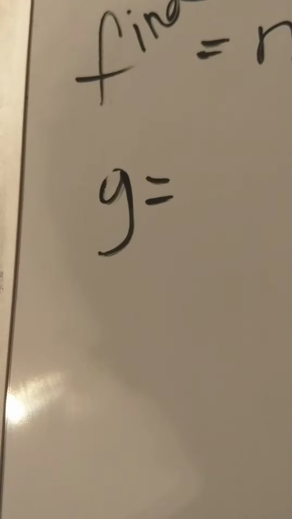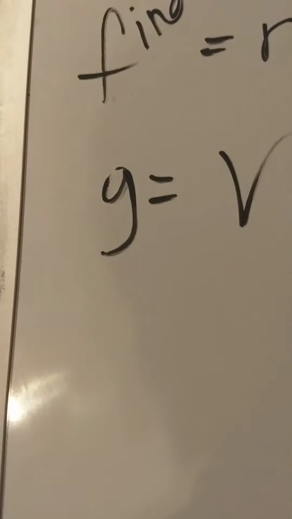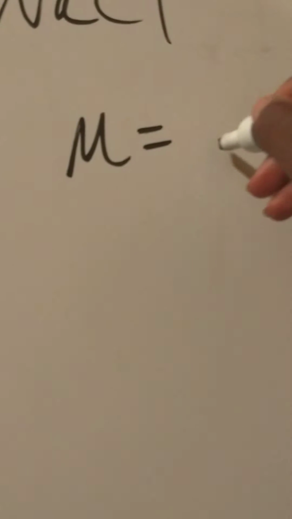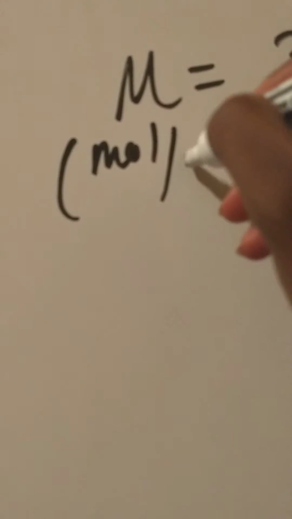What they gave us was a volume of 152 milliliters and a molarity of 0.364. Now remember that molarity is just moles over liters.